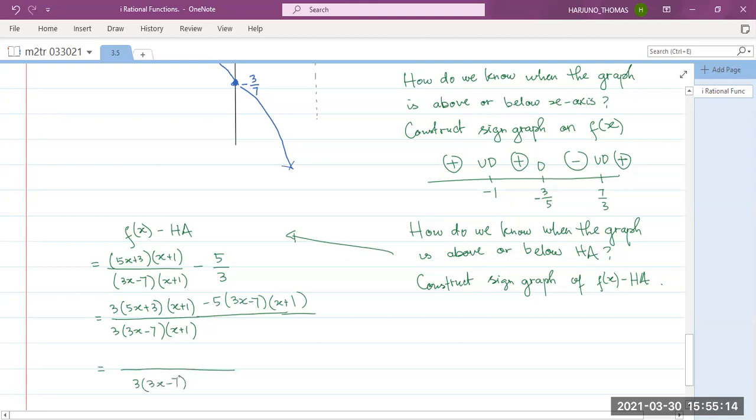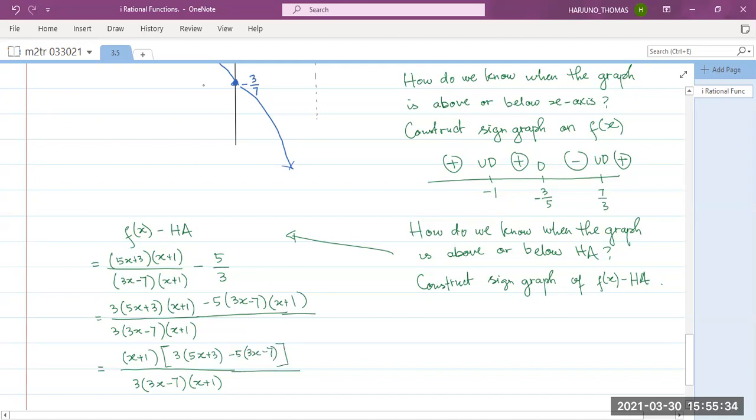It's already in factor form. The thing is on the numerator, it is not in factor form. Okay, x plus 1 is the common factor. I will factor that out, but I have 3 times 5x plus 3 minus 5 times 3x minus 7.